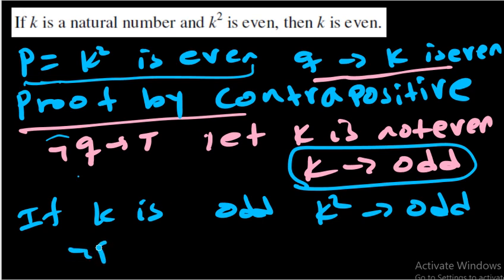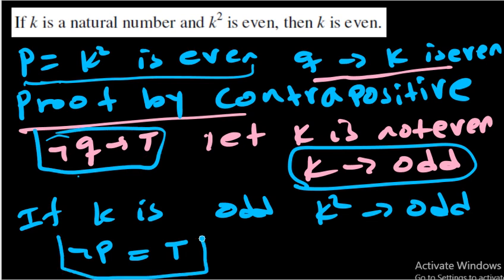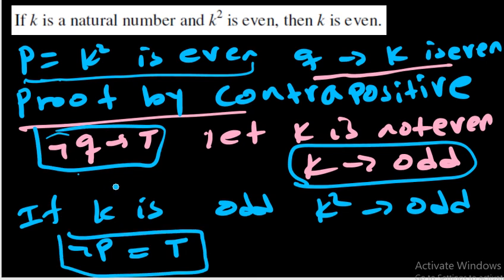That means negation P is true. We considered negation Q as true, and what happened? Negation P became true. So when you consider k as odd, the square of it will be odd. So it contradicts the original statement. So the assumption fails, and the statement is true.